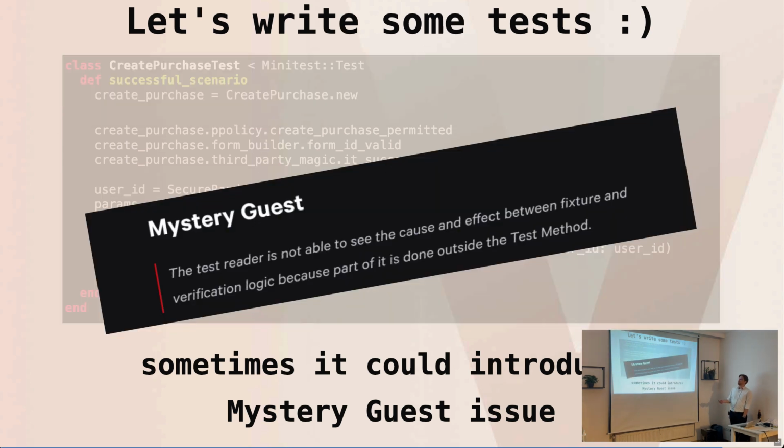In short, the test reader is not able to see the cause and effect between fixture and verification logic, because part of it is done outside of the test method. So if we have something like factory bot, where you put some additional information and you don't have it in the file of your test, then this is the mystery. You don't know what happened inside factory bot.